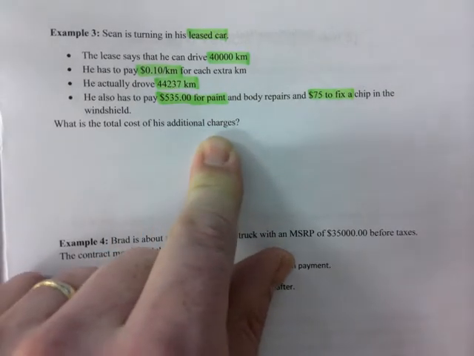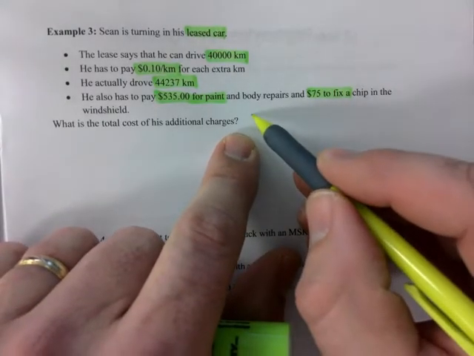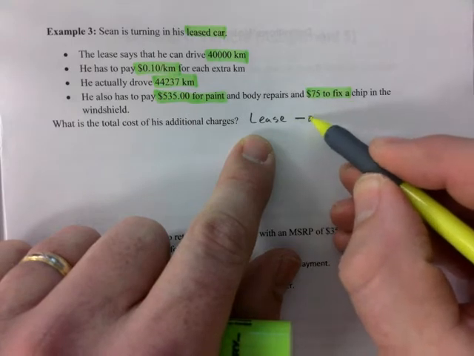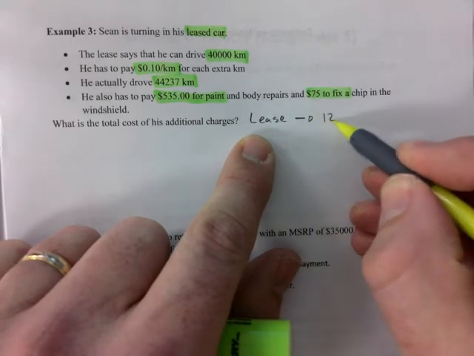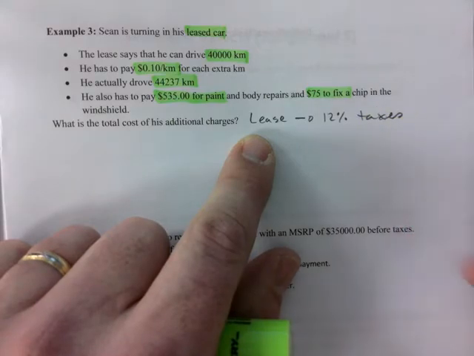Find the total cost of his additional charges. And then I'll just say this: lease, right? 12% taxes on everything, except for the down payment, of course.